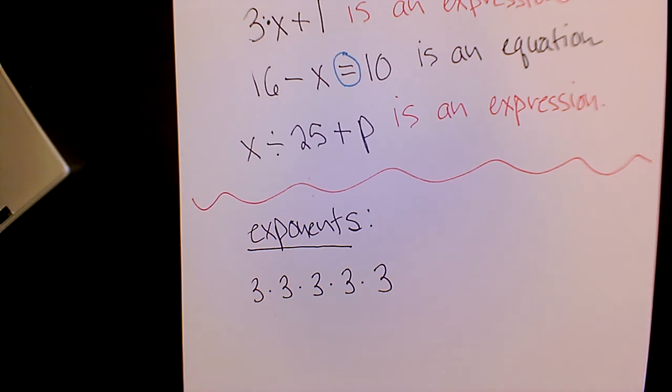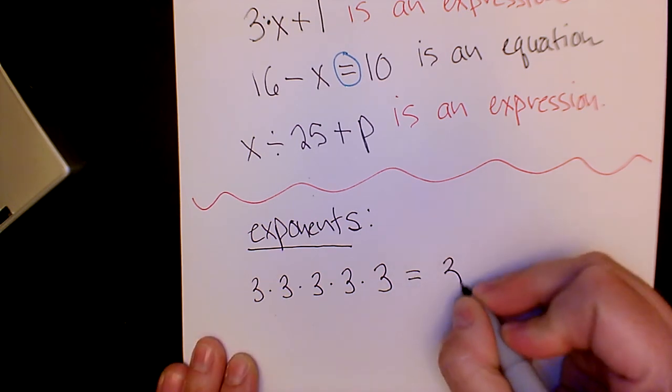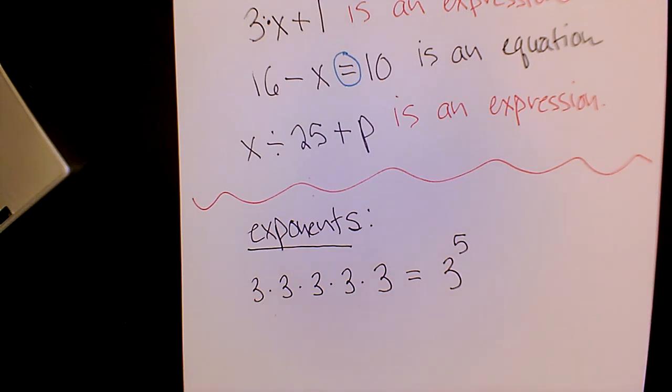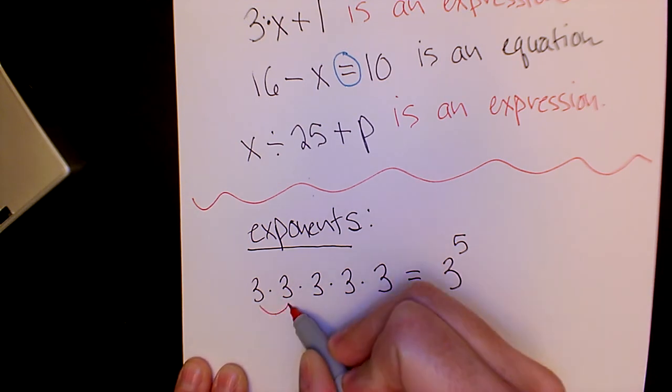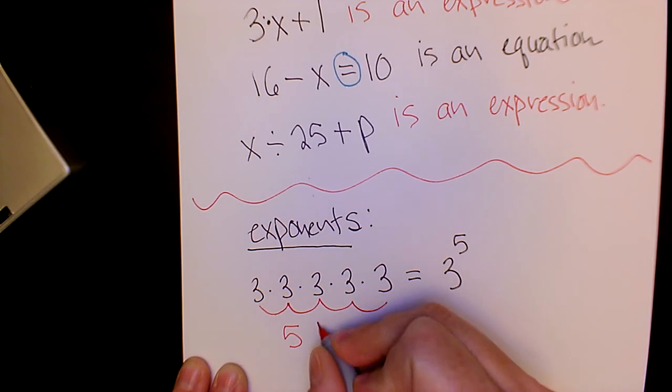So in math we have a shorthand way to rewrite that, so we don't have to write 3 times 3 times 3 times 3 times 3. Another way to write that is 3 to the 5th power, and it's to the 5th power because I've got 1, 2, 3, 4, 5 threes.